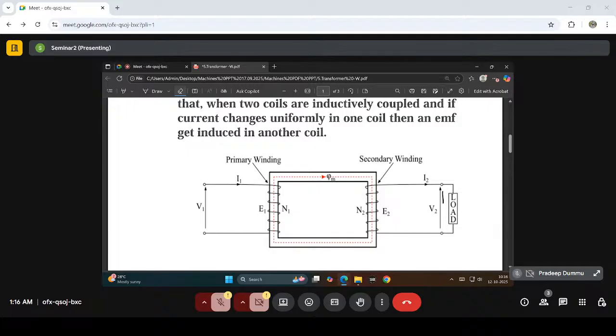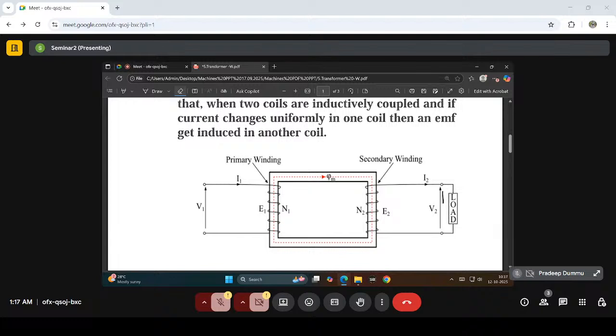How to make the design? Take a steel core, wind the copper wire on the left side, wind the copper wire on the right side. We have taken 6 turns to understand the concept.